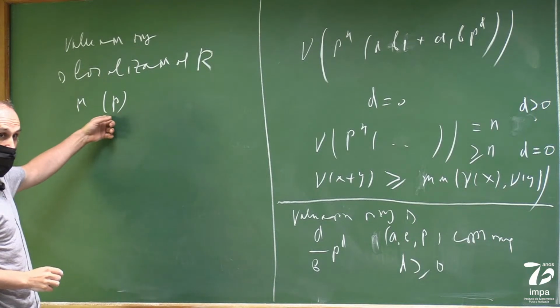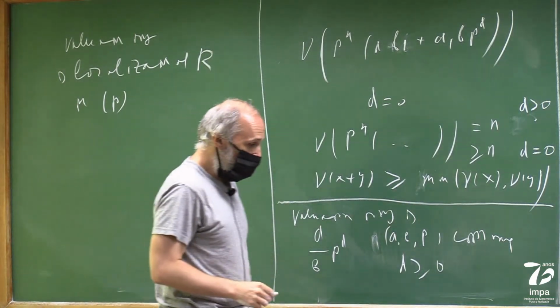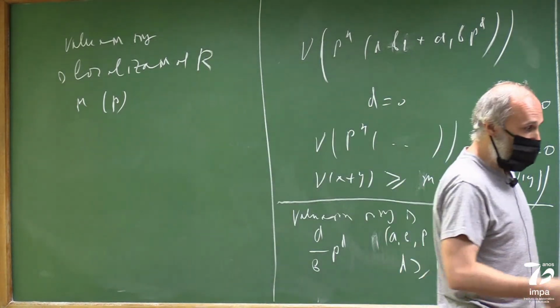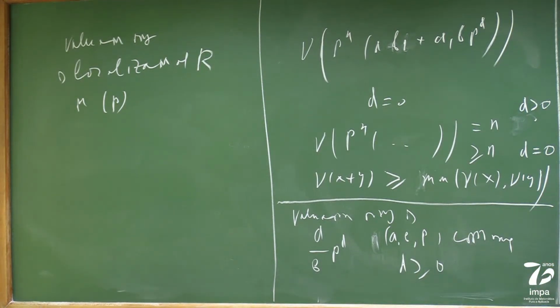This is a prime ideal generated by p, and we invert all elements which don't belong to this ideal. Is that clear? This is a standard valuation. Well, we shall discuss it more, but if you did p-adic numbers, you have seen it a lot.